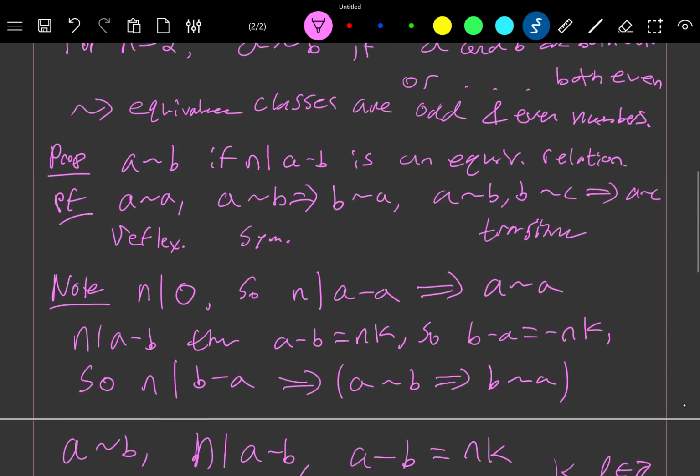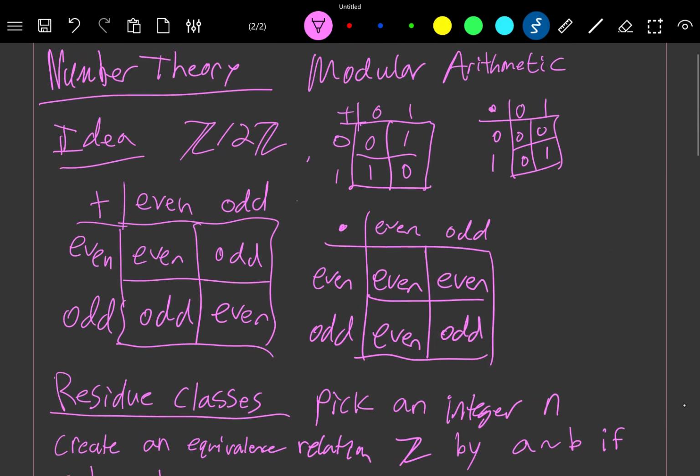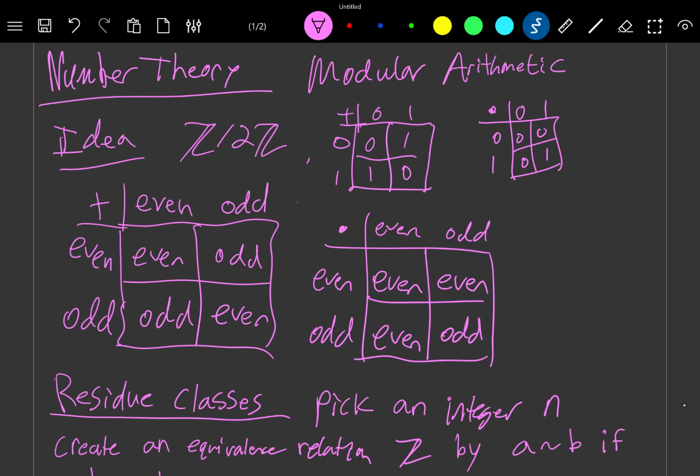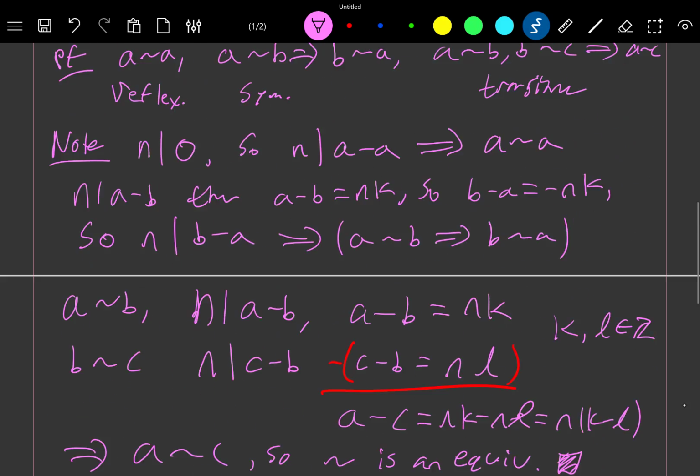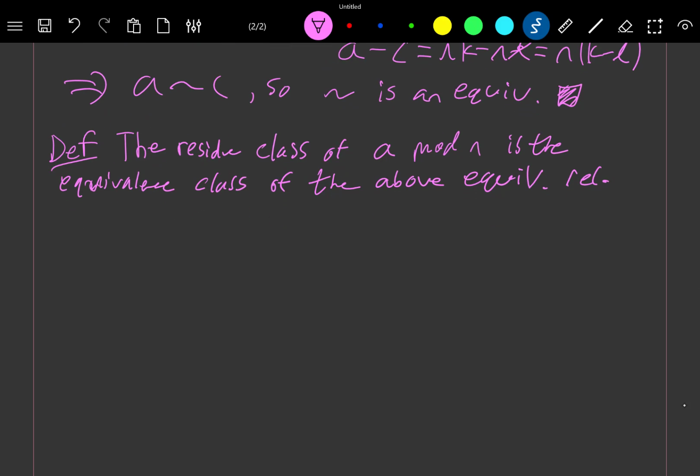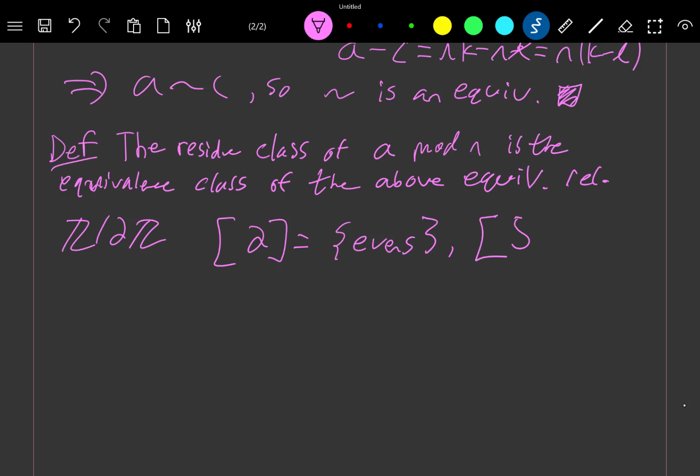So going back to our example of Z mod 2Z, our equivalence classes are: are you divisible by 2, or do you have remainder 1? So are you odd or even? Maybe an example is, in Z mod 2Z, the equivalence class of 2 is equal to the set of evens, and the equivalence class of, say, 5 is the set of odds.